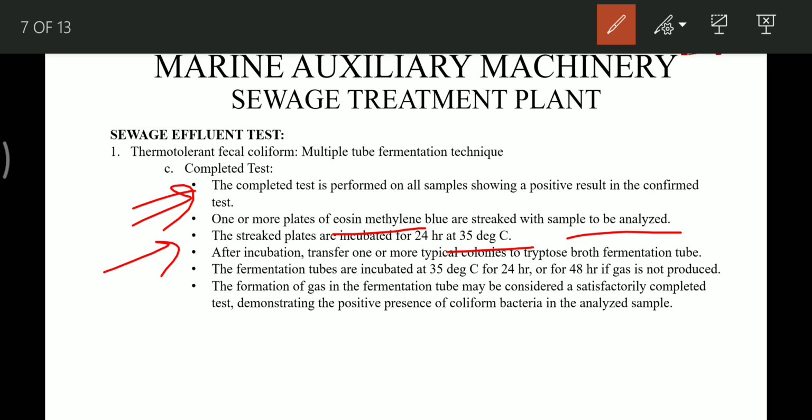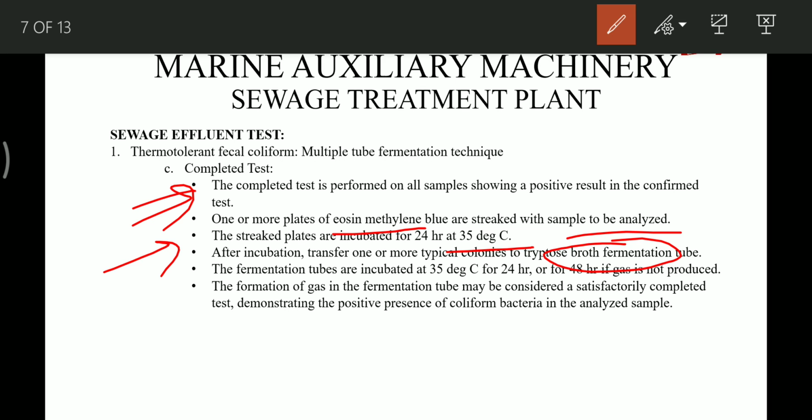After incubation, transfer one or more typical colonies to tryptose broth fermentation tubes. So after the incubation period, one or more of the typical colonies are transferred to this tryptose broth fermentation tube.